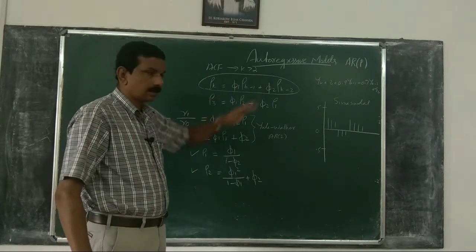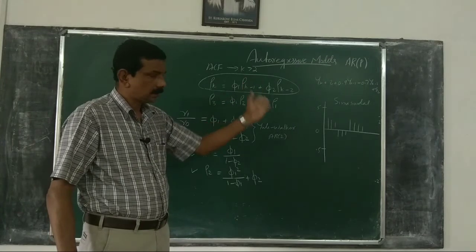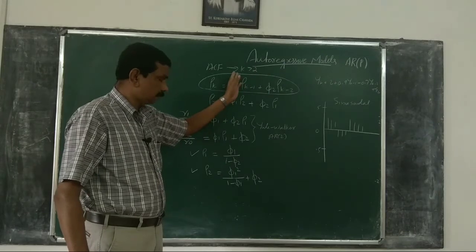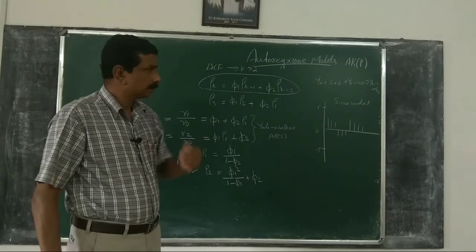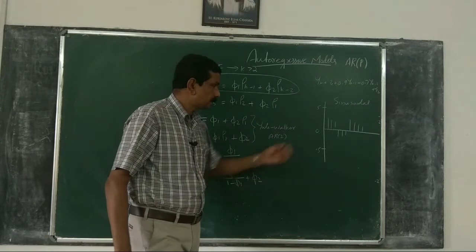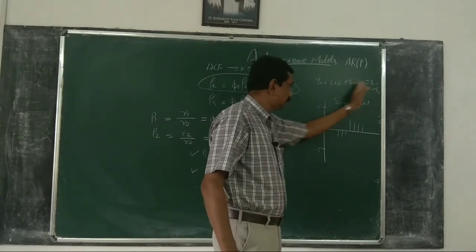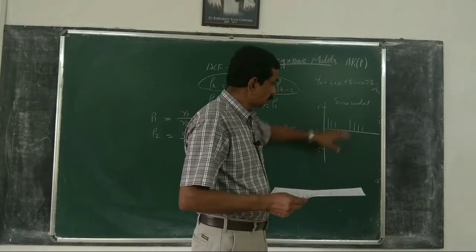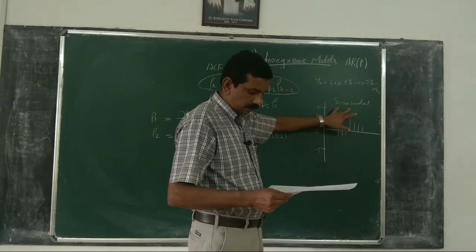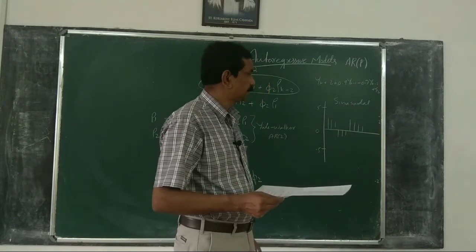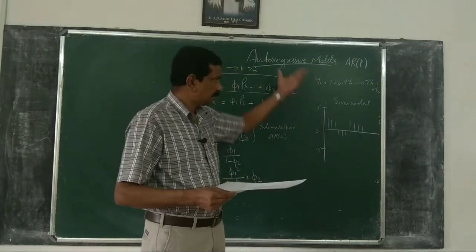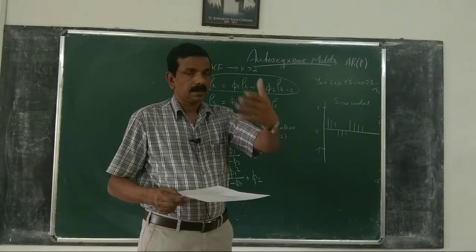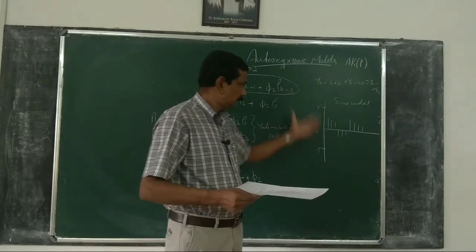For an AR1 process, there is only geometric decay. But when you go beyond AR1, for an AR2 process, many patterns are possible. If this is the mechanism generating it, it is sinusoidal. Other patterns are oscillating, geometrically damped, etc. And we will generalize this later for an AR p process and for an MA q process after considering this.